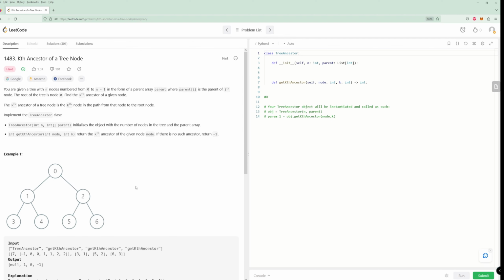The first way you can think about doing this is to store an array of all the parents. Then you can say something like, while k is greater than 0, keep giving me the next parent. Let's print this array real fast to give an example.